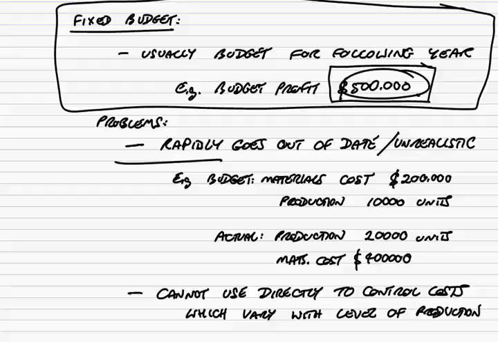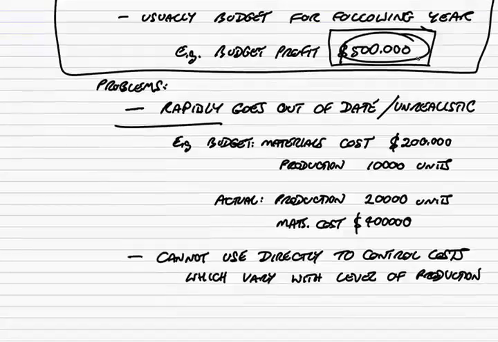I'll immediately say, oh, if I do nothing, I'm going to lose 50,000 here. So I immediately say, can we use less electricity? Can we go to a different supplier of electricity? If we can't cut the electricity cost, are there any other costs that I can cut? I'll do anything I can to try and get at least the budget profit.